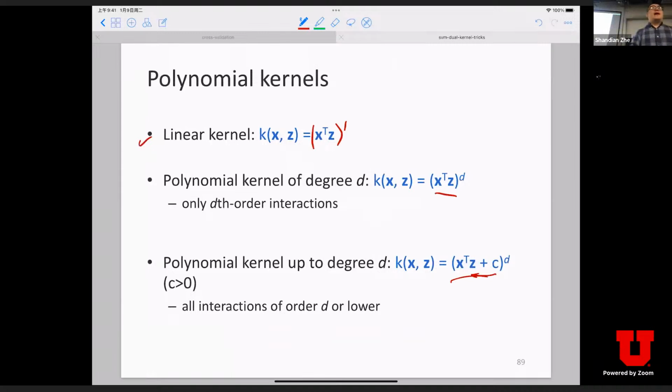You see that it actually includes all the polynomial feature mapping over x and z elements up to the order of d, including degree 0, degree 1, degree 2, until degree d. So all interactions of order d or lower will be added into the feature mapping. These are all valid kernels, meaning that they satisfy the Mercer's condition we just mentioned.